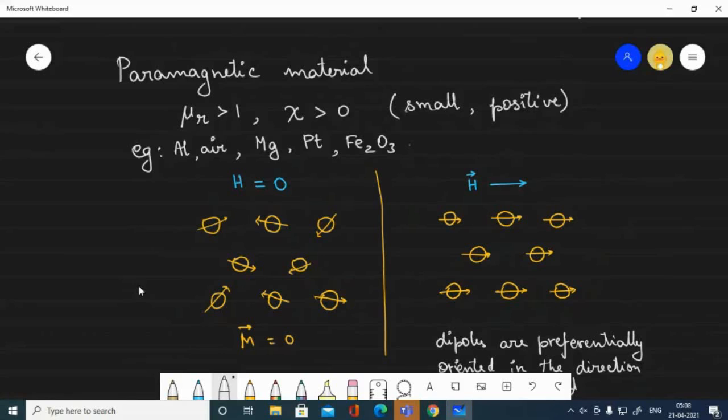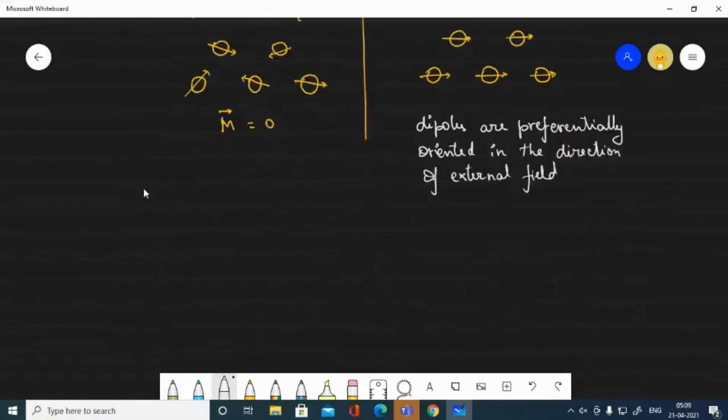The presence of dipoles, even in the absence of external field, can be attributed to the fact that the spin and orbital magnetic moments together have non-zero value of dipole moment. Paramagnetism is again a weak form of magnetism.